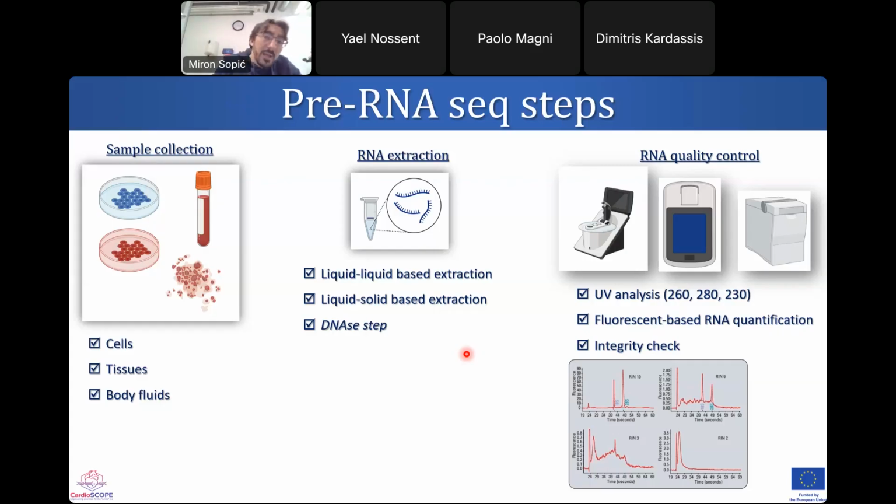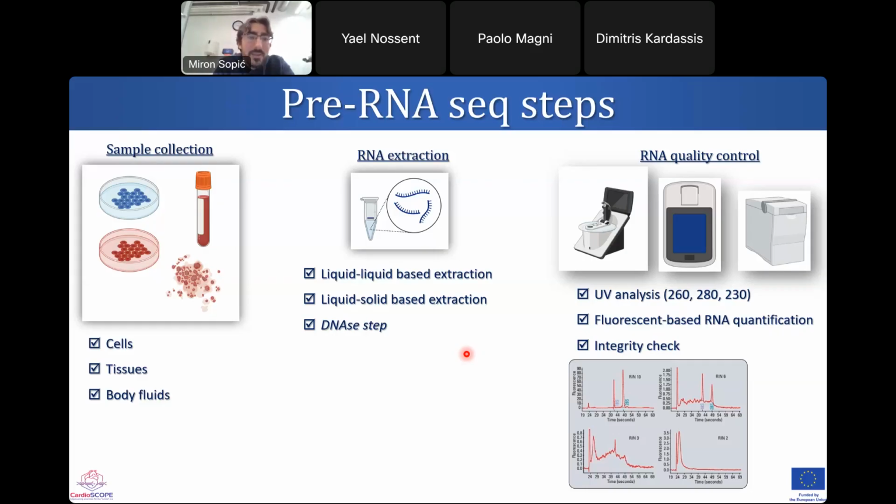If you have plasma, then you will need to go very, very deep, or you need to enrich your sample very much, because, of course, in plasma there is not too much RNA. Also, if you have tissues, depending on the tissue, you will get different challenges. For example, if some of you had the luck to work with atherosclerotic plaques, it is very hard to extract RNA from atherosclerotic plaques.